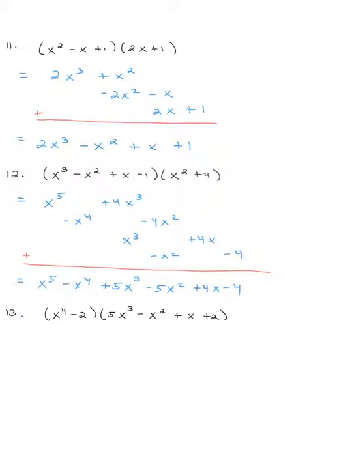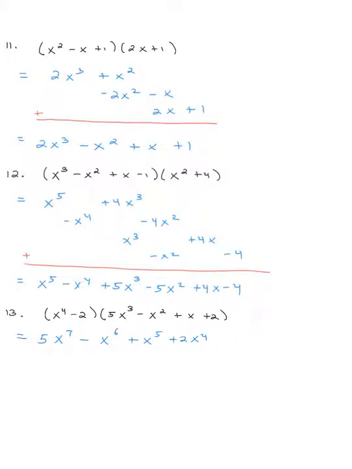All right, multiplying this in, starting with the x to the 4th, would give us a 5x to the 7th minus an x to the 6th plus an x to the 5th plus 2x to the 4th, multiplying in the negative 2.